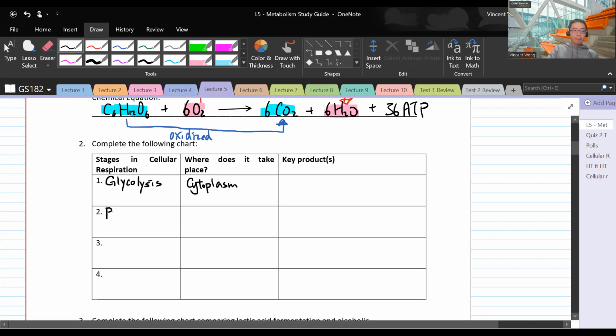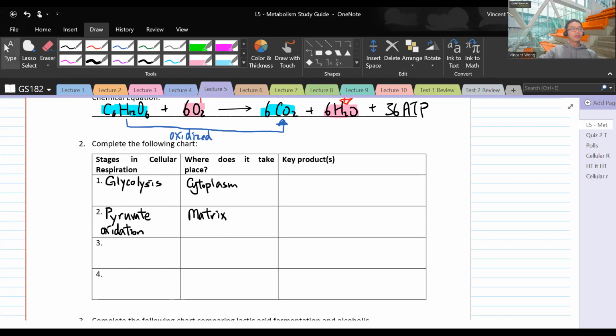Second step, pyruvate oxidation. What that means is we are going to rip more electrons from pyruvate. We're going to remove electron from pyruvate. And that happens in the matrix, the innermost portion of the mitochondria, right?